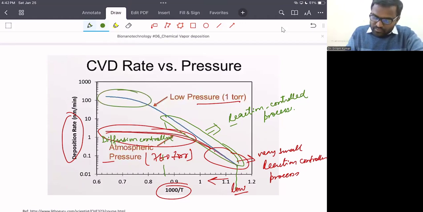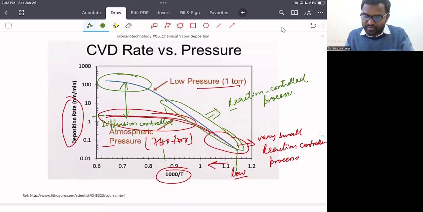If we compare at very high temperature, there is a many-fold increase of deposition rate at 1 torr as compared to 760 torr pressure, and that is a huge increase. If you want to deposit material quickly, we need 1 torr pressure, and we will get quick deposition of a thin film of the material.